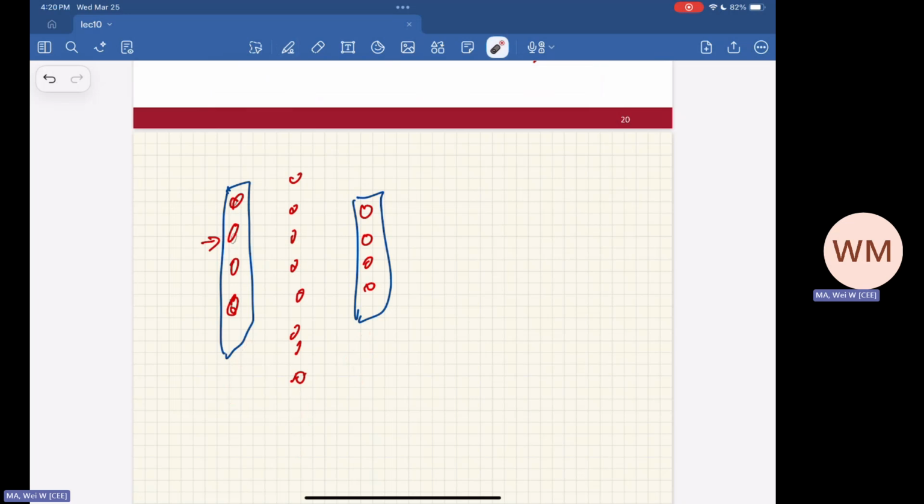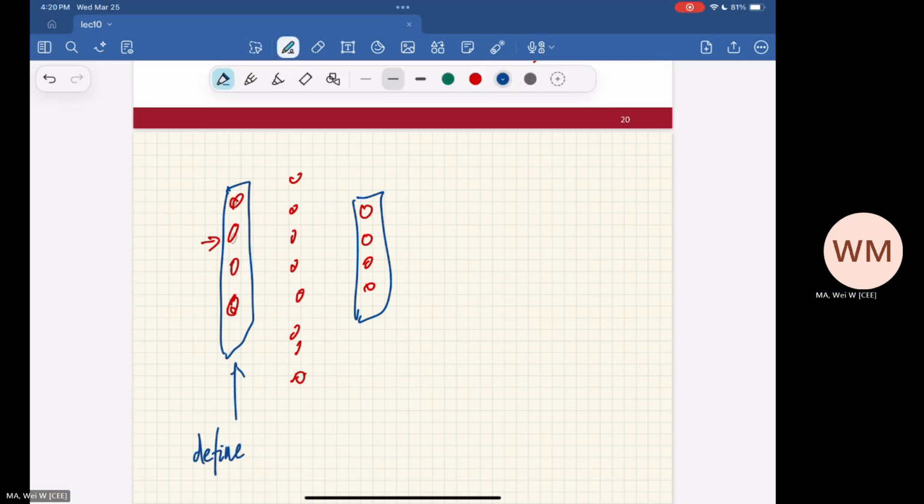How many units are there in each layer? For the input layer, it's not decided by you. It's decided by the data. What is the dimension of your data? Then this is your input layer. So this is defined by the data.